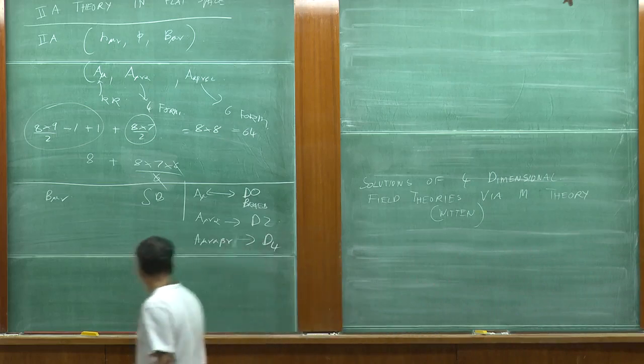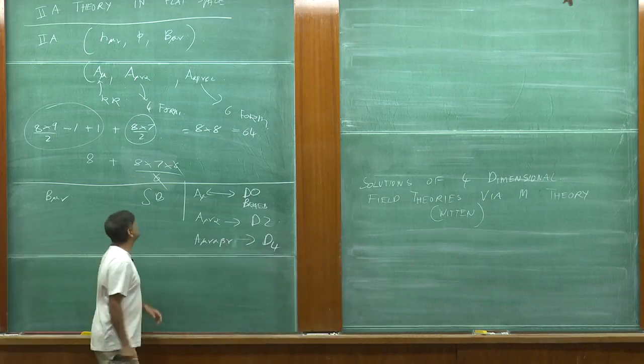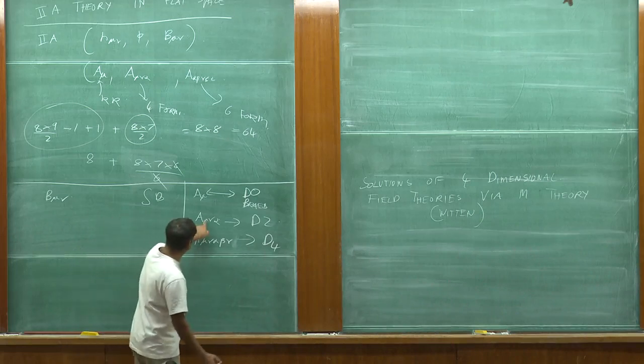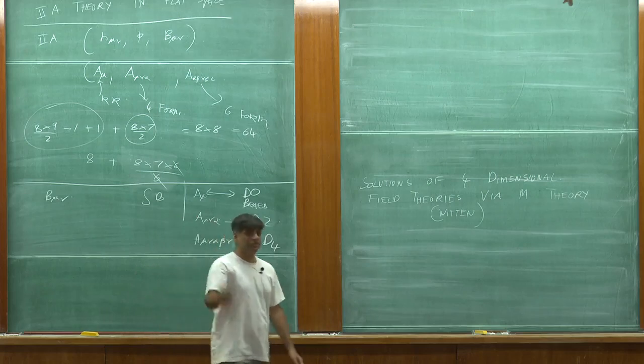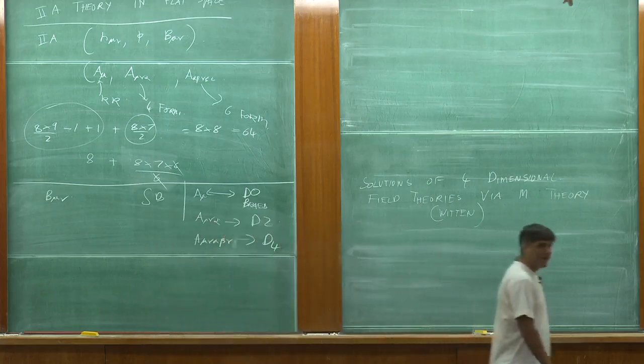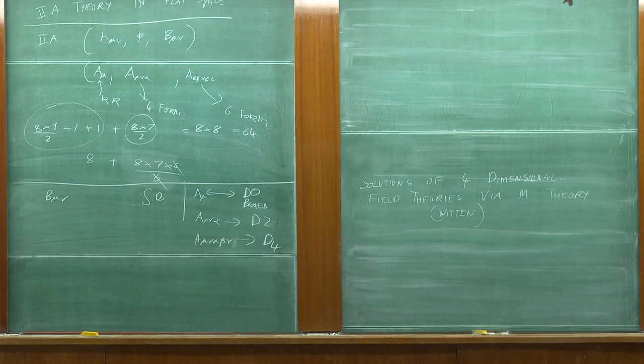Okay, excellent. And the last object that will also play a key role is the following. Just like we had the dual of A mu nu rho, A mu nu alpha, there is a dual of B mu nu. Now, the dual of B mu nu is a 6 form because B has a 3 form field strength, which is dual to a 7 form field strength, which comes from a 6 form potential.